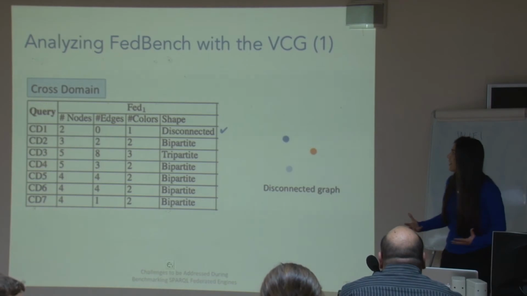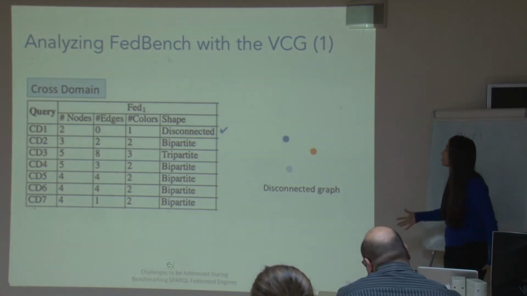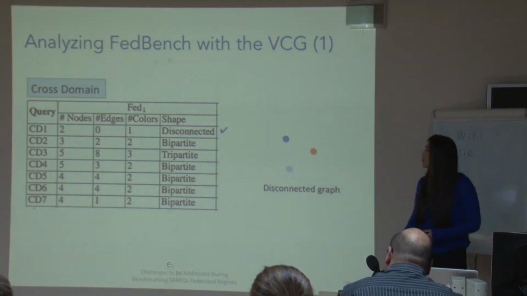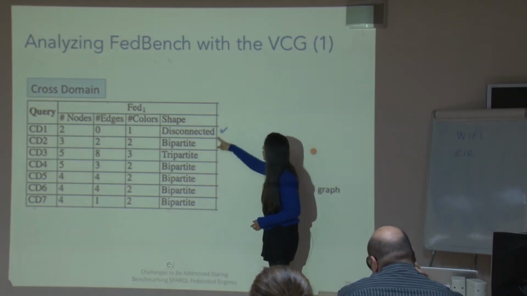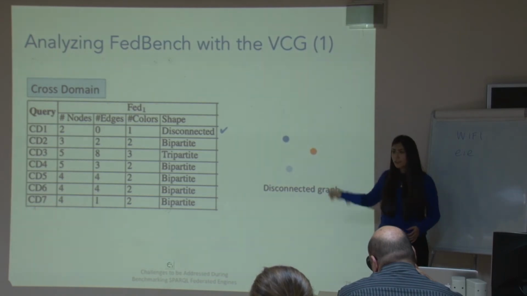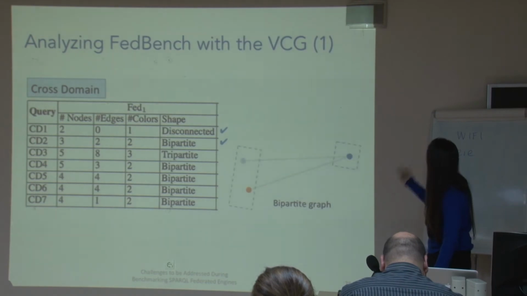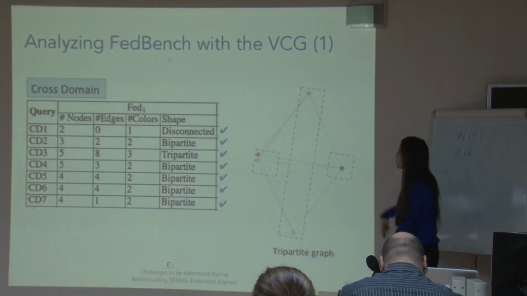So what happened with FedBench? Well, we did this analysis for all the queries of FedBench, and we realized that they are actually very, very simple. In the first query for the cross-domain collection, we see that the vertex coloring graph is actually disconnected, so I can find a solution in polynomial time. The same for the second one, the same for the third one, and so on and so forth.